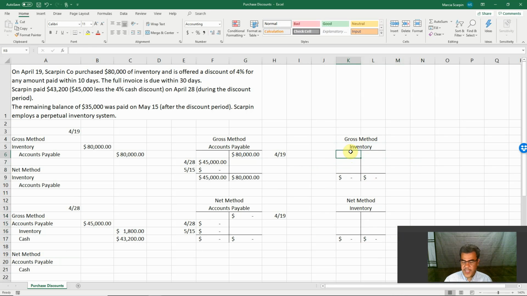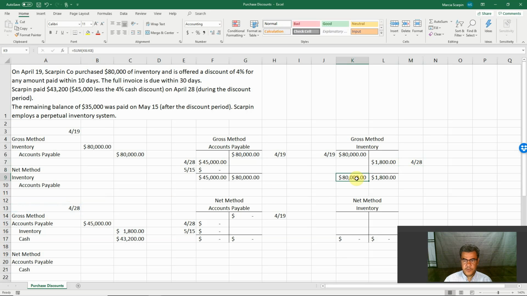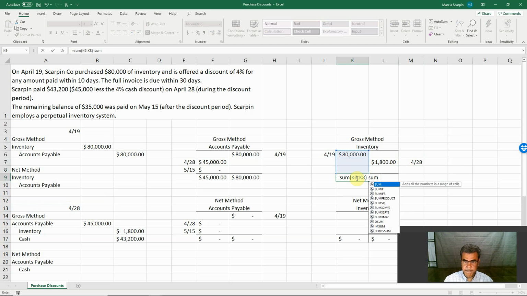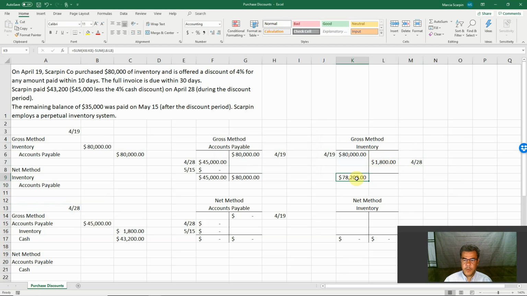Inventory debit 80,000 on April 19th and credit 1,800 on April 28th, so $78,200.